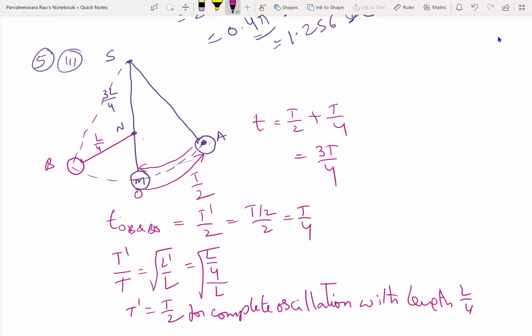You can write: the portion of the simple pendulum of length 3L/4 is prevented from oscillation by the nail.